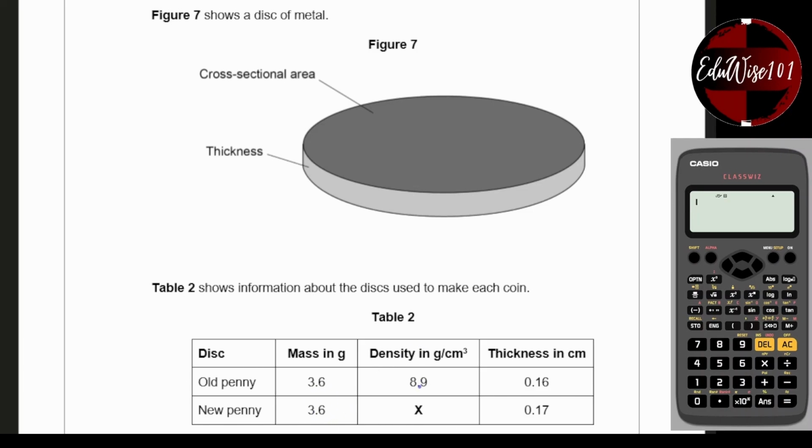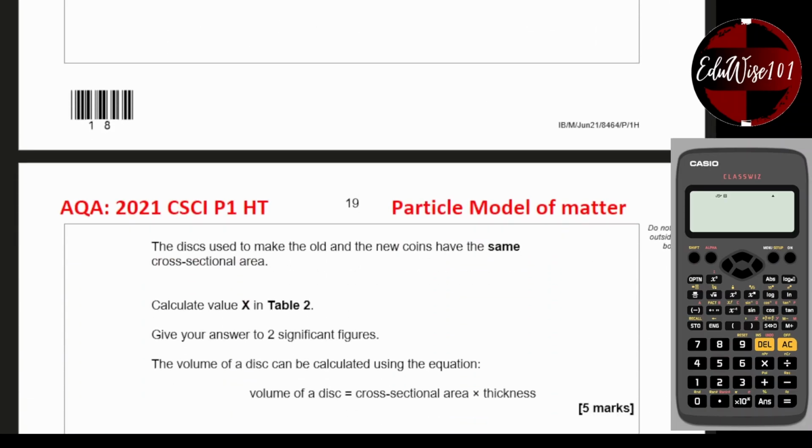The density of the old penny coin is 8.9. Density of the new one is not known. The thickness is 0.16 and the new penny is slightly thicker by 0.01 centimeter, 0.17. So the disc used to make the old and the new coins have the same cross-sectional area.